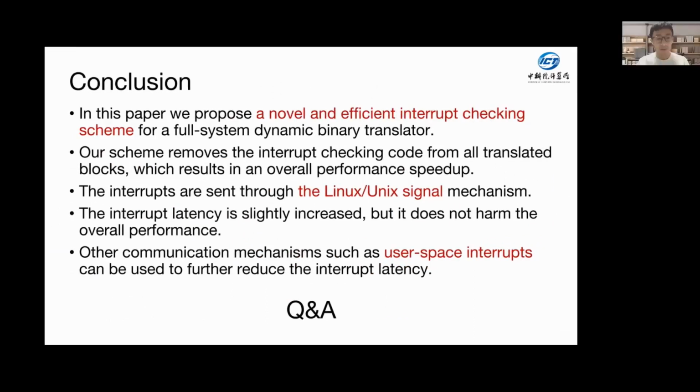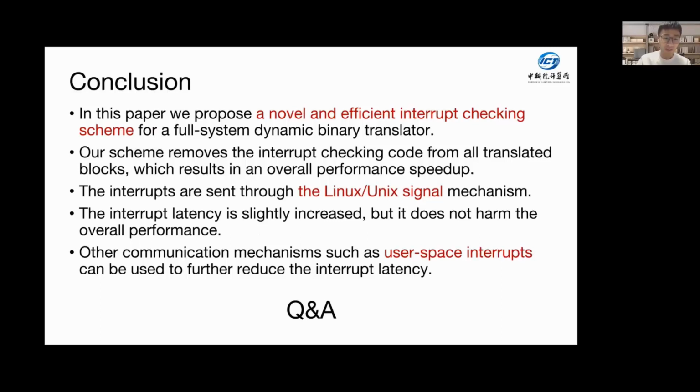In this paper, we propose a novel and efficient interrupt checking scheme for a full-system dynamic binary translator. Our scheme removes the interrupt checking code from all the translated blocks, which results in an overall performance speedup. We utilize the signal to inform the vCPU thread to avoid the repeated checks.